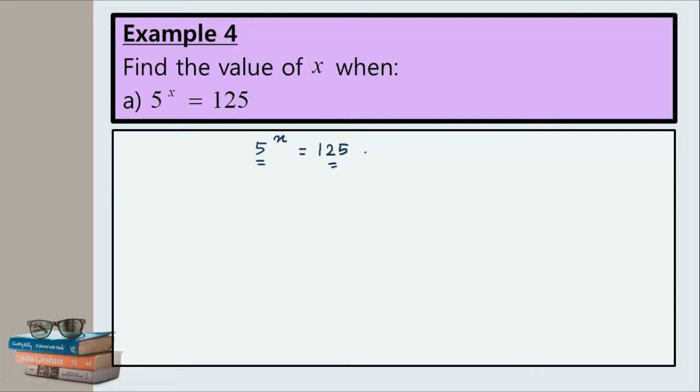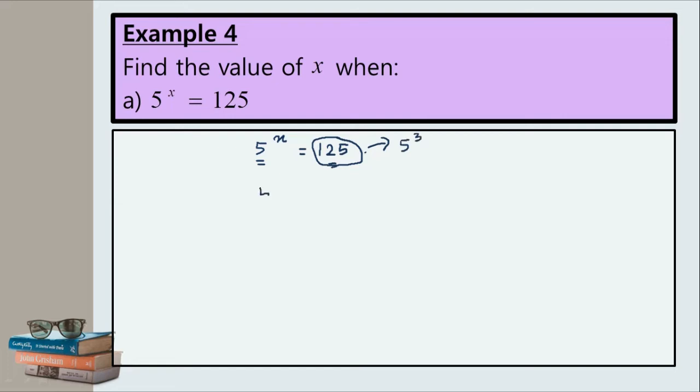Okay, first, check whether we can use the first method, which is compare base and power. So, we have base 5 and 125. Is there any method that we can change 125 into base 5? If you check 125, actually we can change it into 5 to the power of 3.